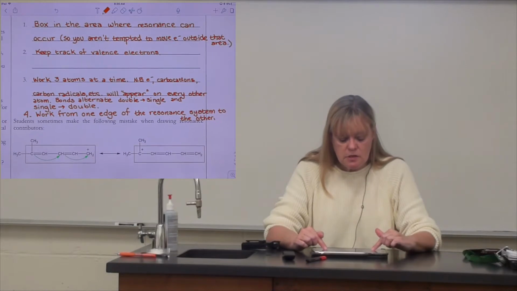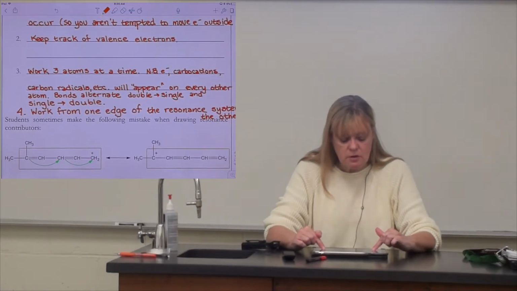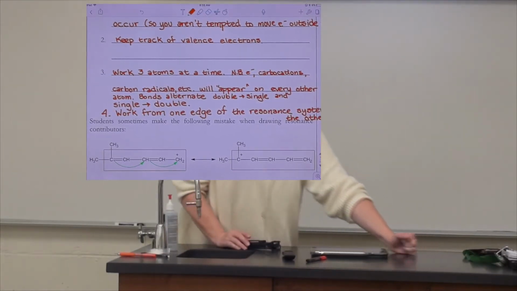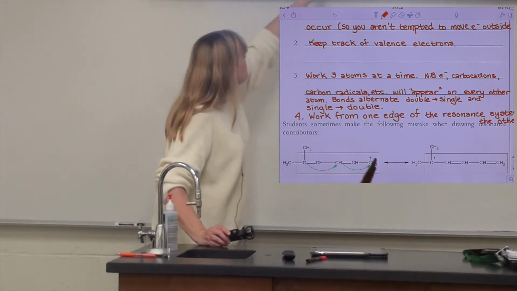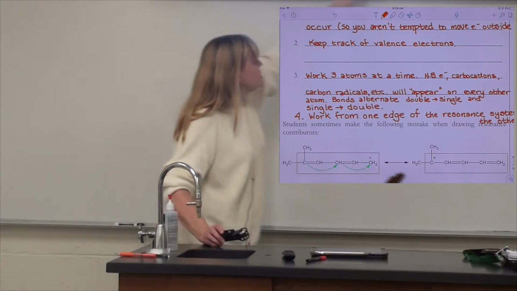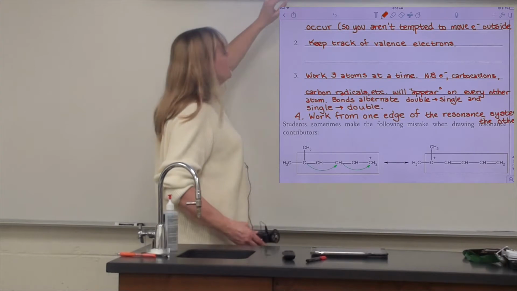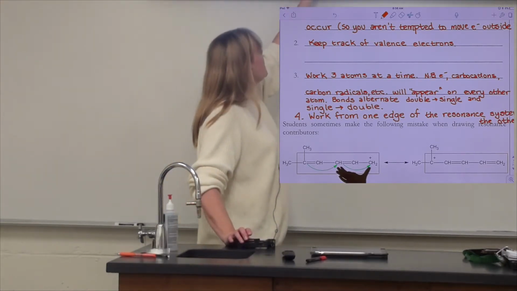When I had students drawing arrows for coming up with the resonance contributors, a lot of times I would see this at the bottom, where they're moving everything in one shot: here's the resonance system and I'm going from this end to this end, so I'm going to move these at the same time I move these, and they come up with only 2 resonance contributors. But if you do it that way, you miss one of them because you're always working 3 atoms at a time.